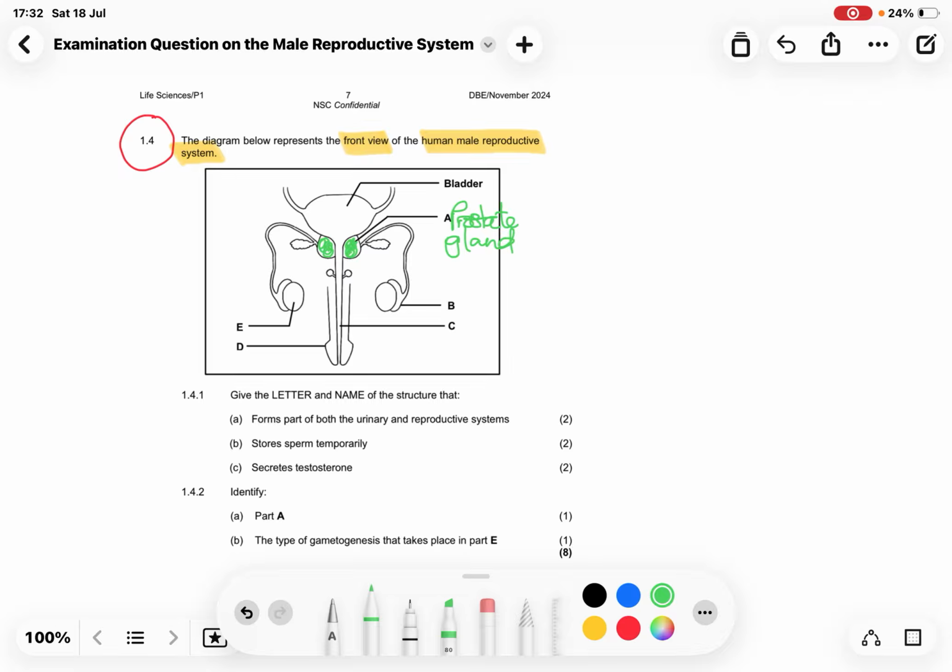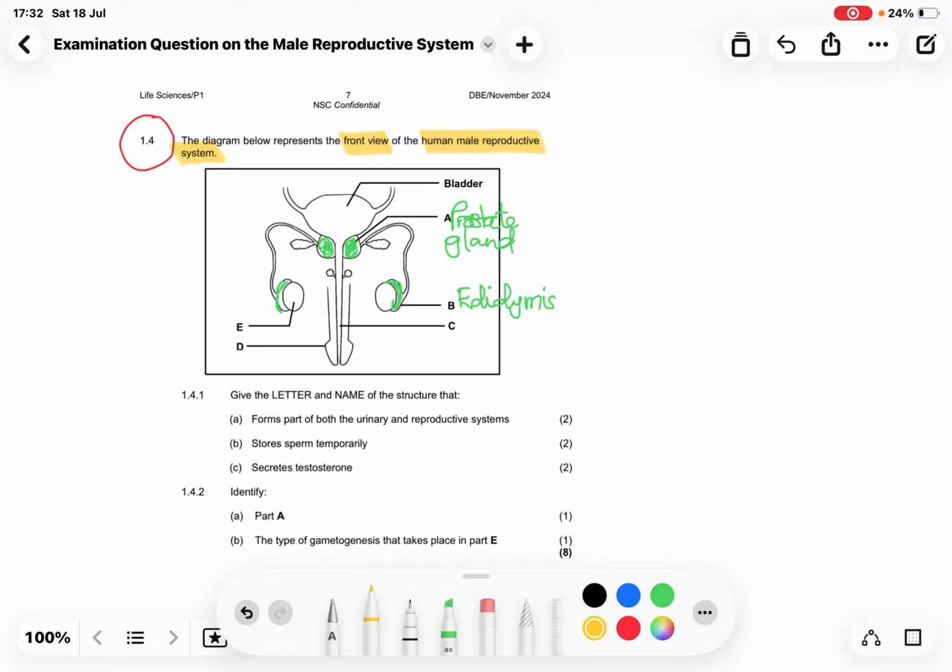Then we're going to look at part B. Part B, we have two of them. One this side and the other one on the other side. And part B is our epididymis, the one that stores the sperm or sperm cells temporarily before they mature or until they mature.